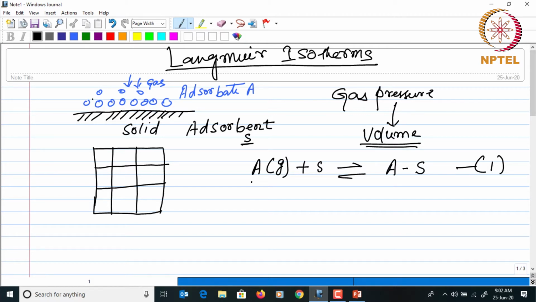So here A is in gaseous form, that is the adsorbate. S basically represents those sites or the vacant sites in which A can get adsorbed, and AS is the adsorbed complex which basically represents the occupied or filled sites.